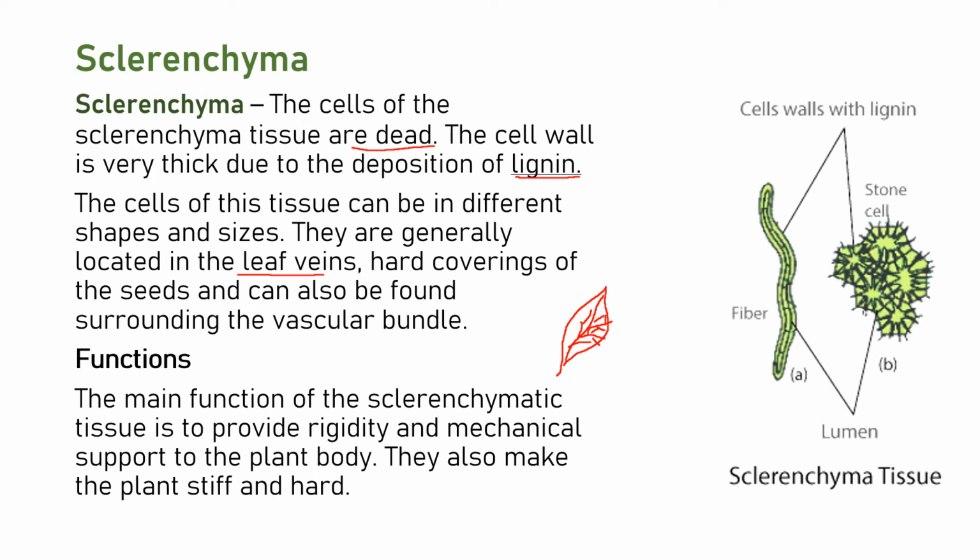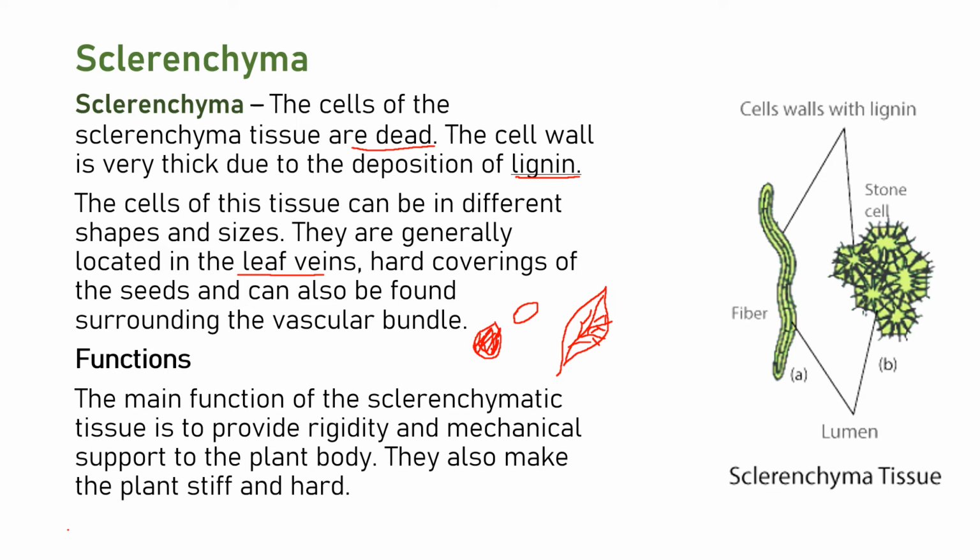Then the hard covering of seeds like walnut, and even almonds, is made up of sclerenchyma. Then the husk of coconut. You have seen the brown husky coconut. The brown husk around the coconut is also made up of sclerenchyma cells, right?